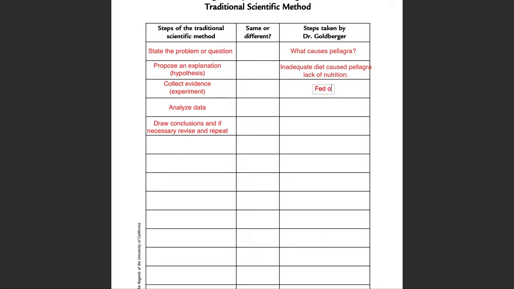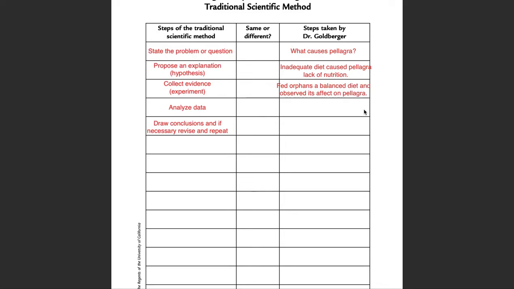He fed orphans a balanced diet and observed its effect on pellagra.